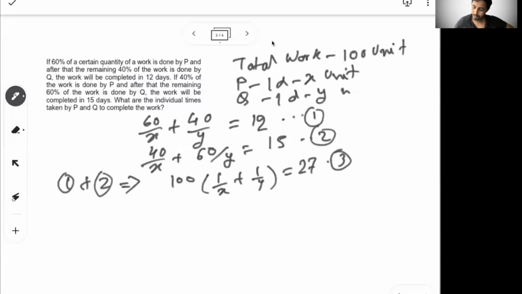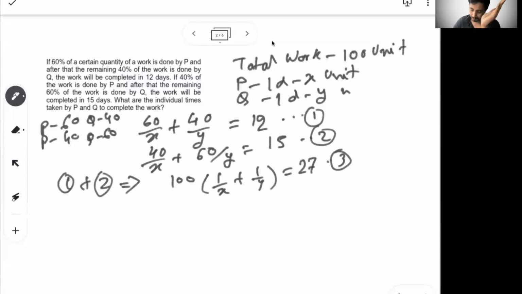So first time P is doing 60, second time P is doing 40. First time Q is doing 40, second time Q is doing 60. In the second case, the extra 20% of work that Q is doing takes 3 more days.